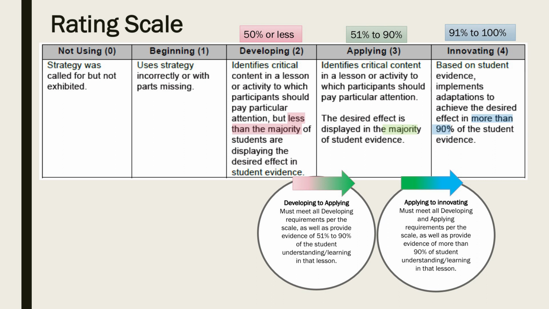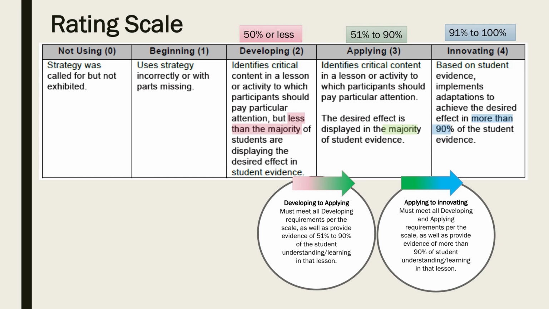The scale here comes from the element Identifying Critical Content. Notice that the focus statement is included in the Applying and Developing ratings. This is saying that the strategy has been used correctly by the non-classroom teacher. The rating is determined by the percent of student evidence that has been monitored and shows the desired effect.